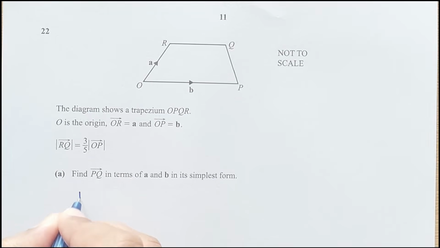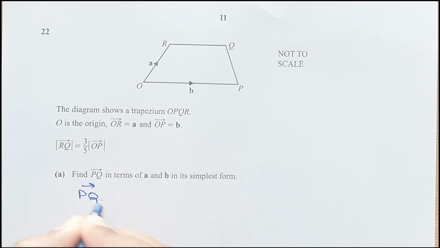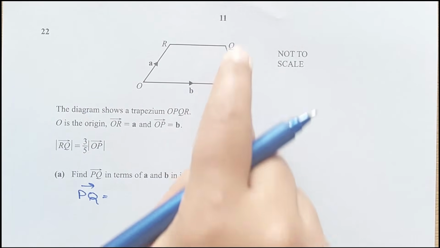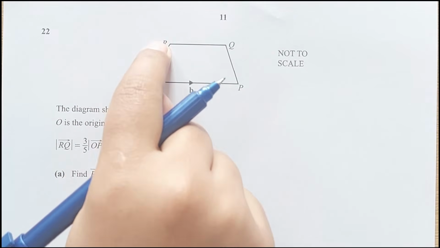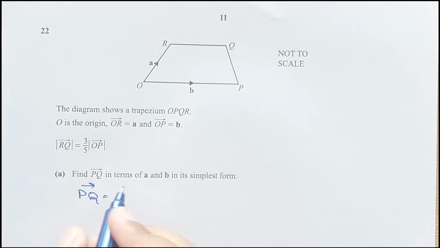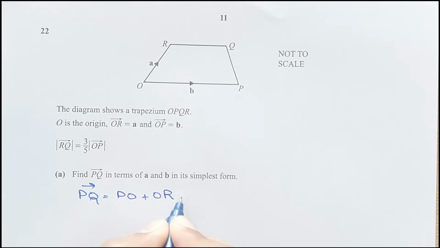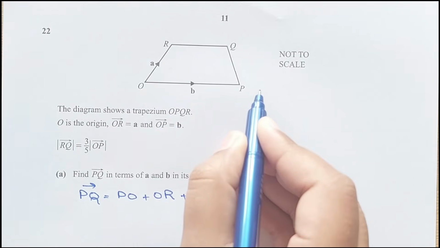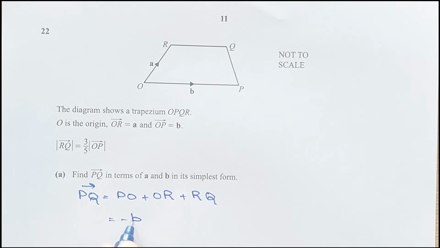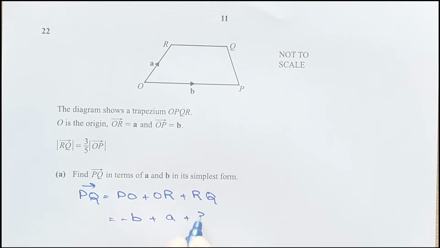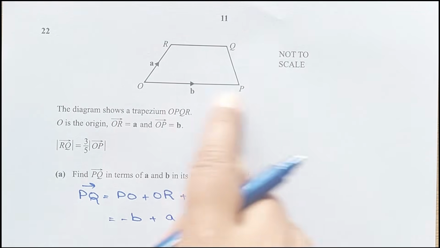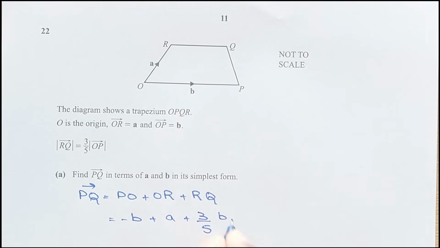Okay, so PQ follows the path from P to O, O to R, and R to Q. First we go P to O, then O to R, and then R to Q. P to O, OP is b, so this is minus b, this is a, and this is 3 by 5 of b, right?